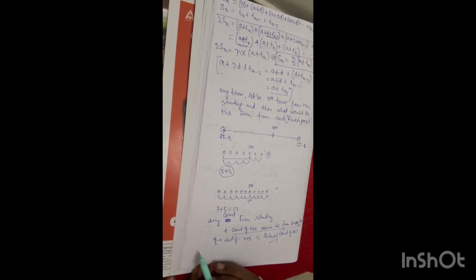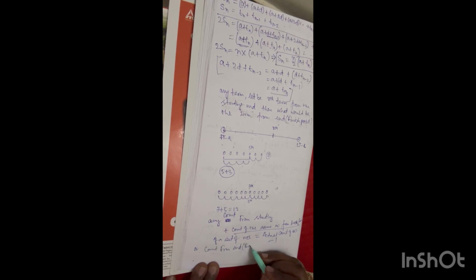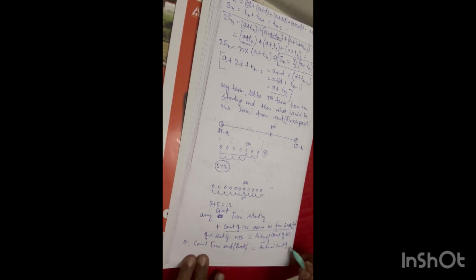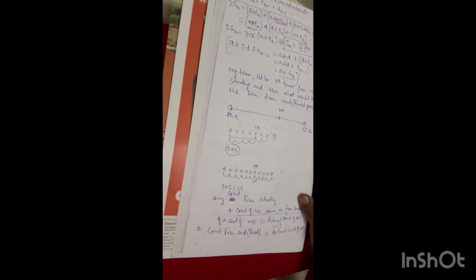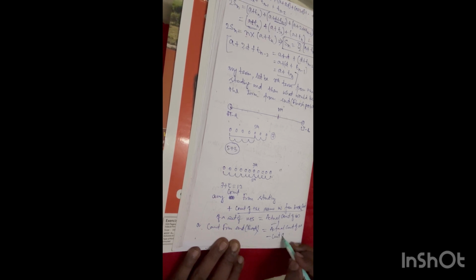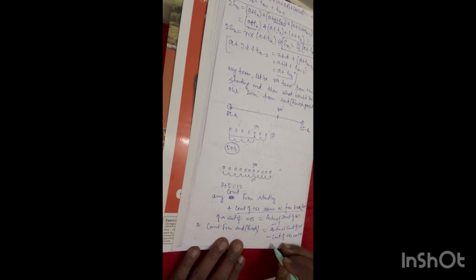I can formalize it: the count from the end, the back end, can be written as the actual count of numbers minus the count of the number from the front, plus 1.